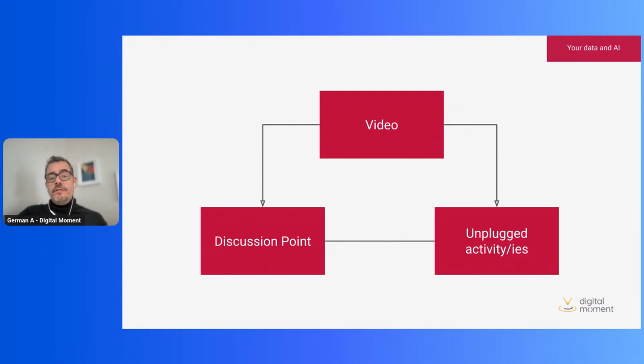Or maybe you show the video, do one of the activities, maybe the one I'm showing you today, and then have a discussion. You can mix and match in different ways. I've also seen the option of starting just by discussing, by talking about the concept without knowing much.